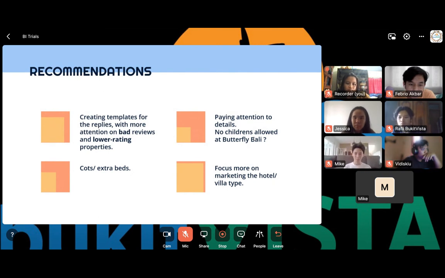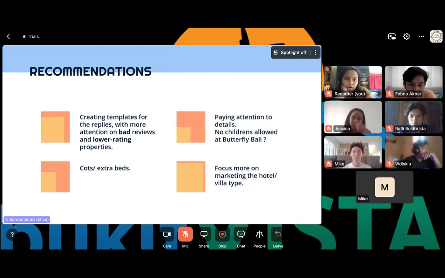By creating templates, we could save much more time on replying to all the reviews, and also pay attention to every detail about the general information or certain policies. I found one interesting thing about Butterfly Bali, where they do not allow children to stay.